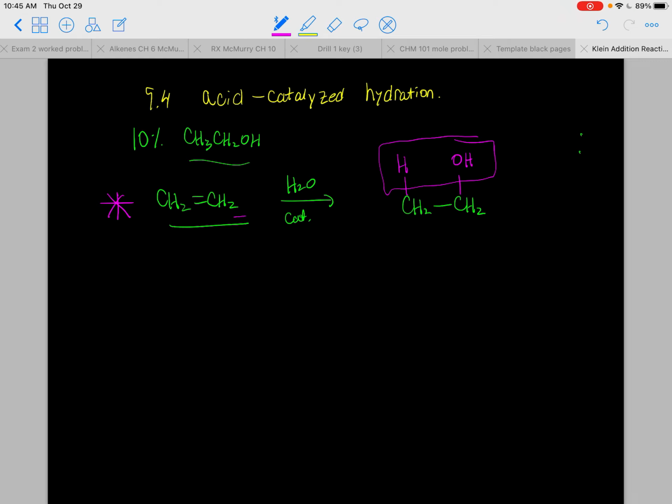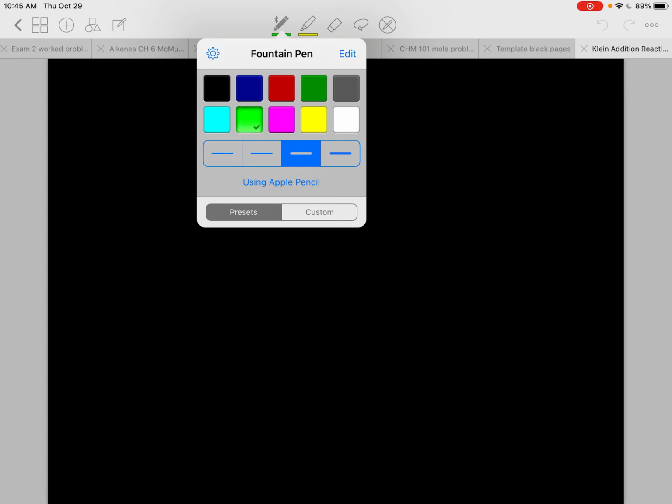Now, we don't form primary carbocations, and we're not going to discuss these special catalysts. We're going to talk about more stable carbocations and more traditional hydration reactions, okay? Now, when you treat an alkene with water, you need for there to be an acid catalyst.